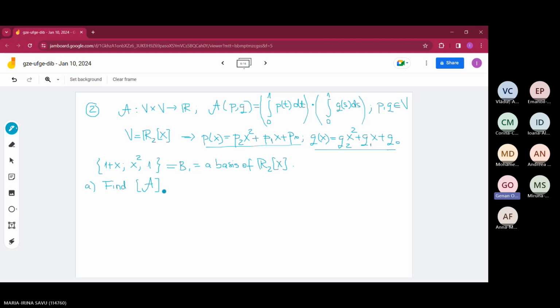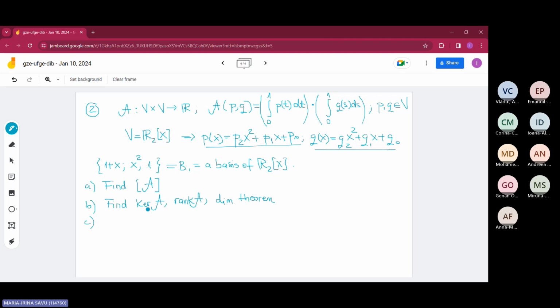And the other one is find the kernel of A and the rank of A, and check the dimension theorem. And the other question from me will be for positive and negative defined: find if it's positive or negative defined.